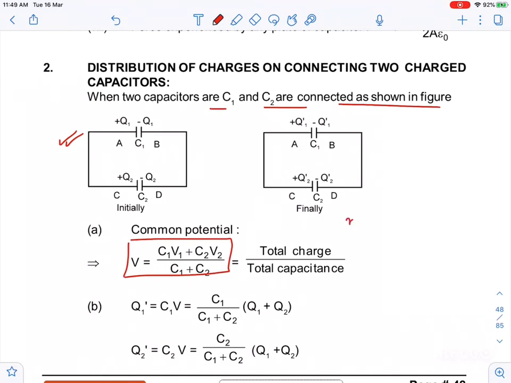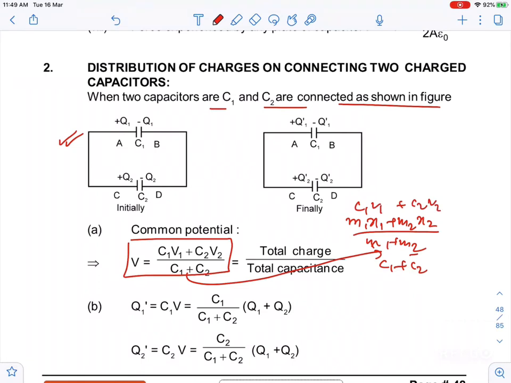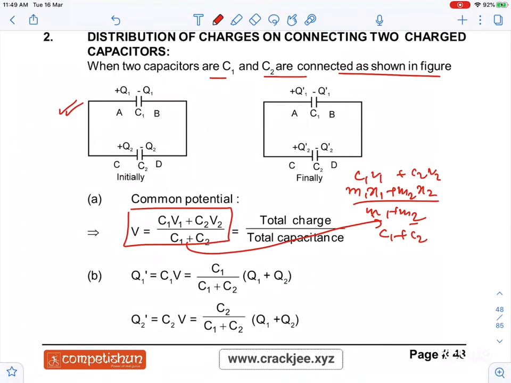You should remember this value. Common potential is C1 V1 plus C2 V2 upon C1 plus C2. If you forget this, write the center of mass formula, M1 x1 plus M2 x2 divided by M1 plus M2, and replace mass by capacitance. This is the formula for common potential when two capacitors are connected like this.